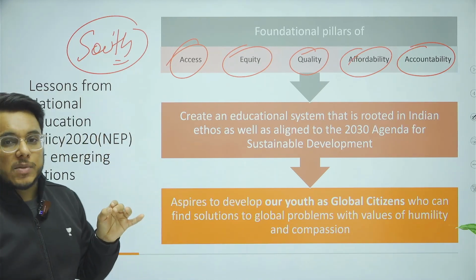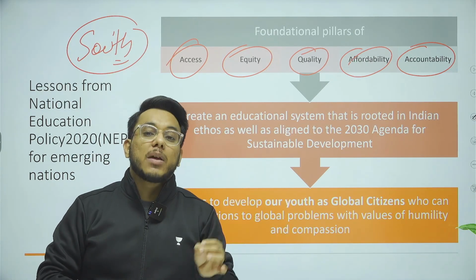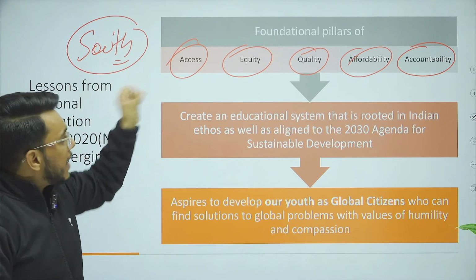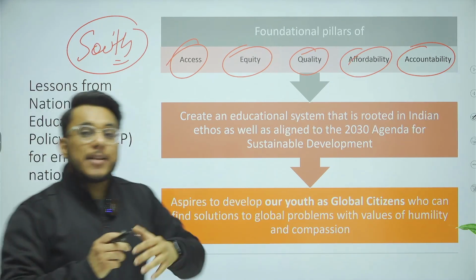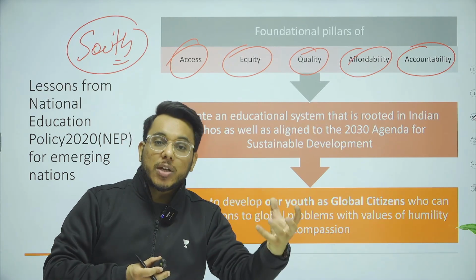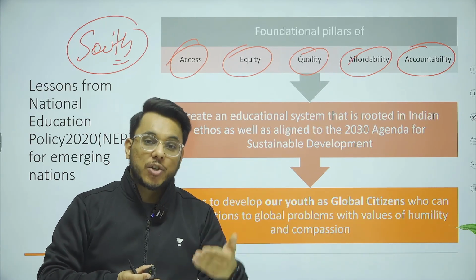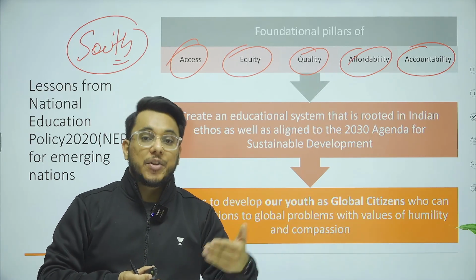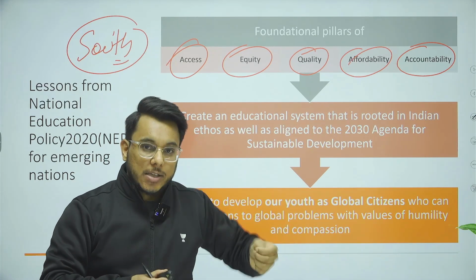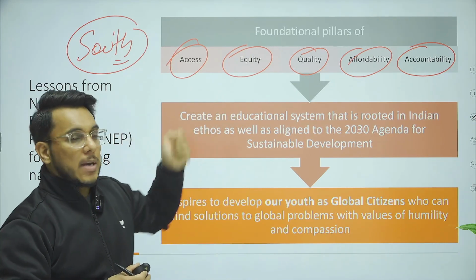Many times, because schools are not available in the vicinity, many people are not able to go to those schools. Equity: education is not equitably available to people. Many times there are social discriminating factors. Often education for girls is still not a first priority in many areas, in India as well as other countries. So the National Education Policy aims at ensuring equity in education.